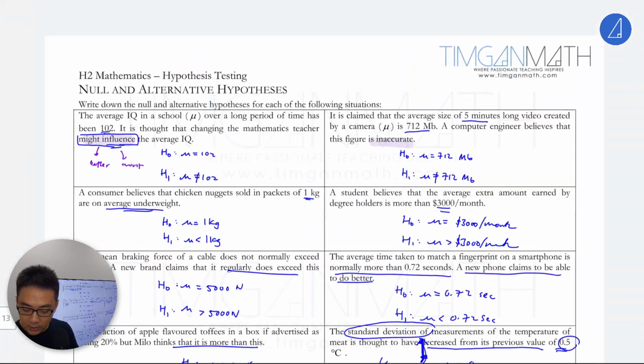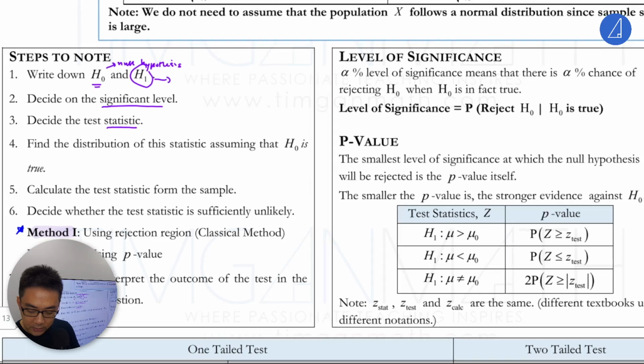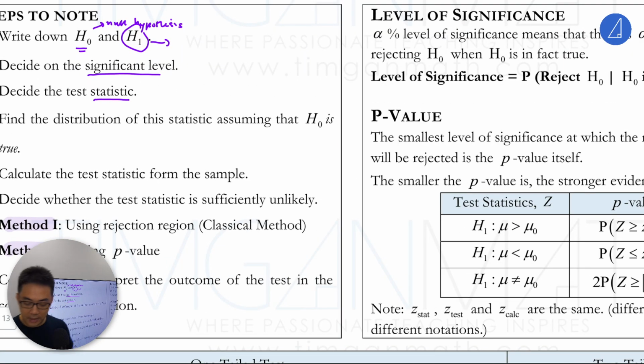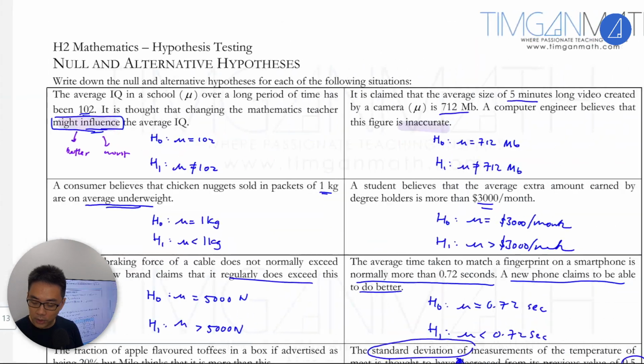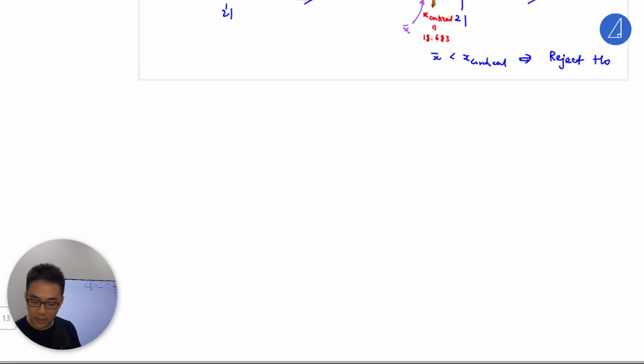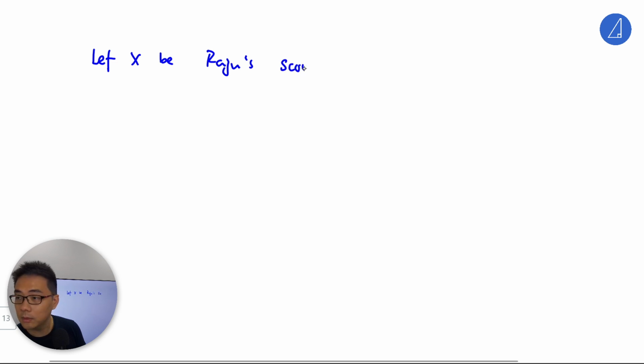I'm going to do this one here. Can you please refer to these few steps here? I'm just going to use these steps to solve. So for method one, write this down. First thing is, let X be Raju's career score.